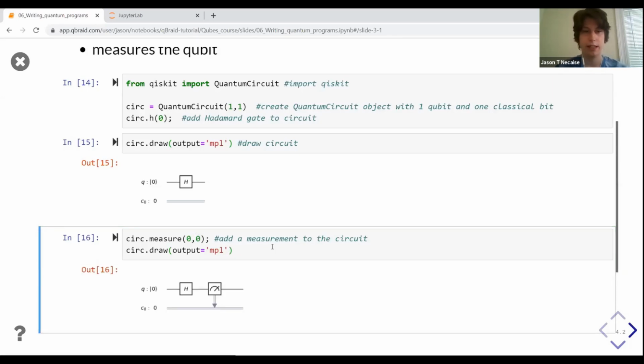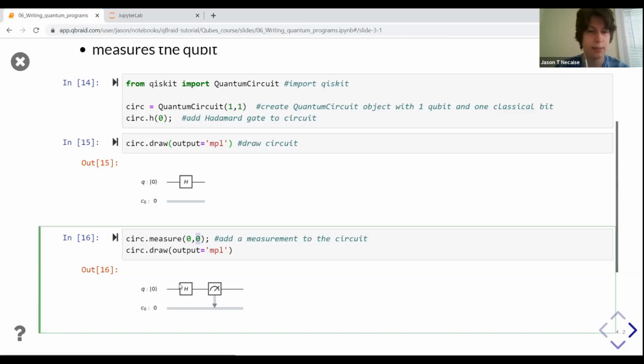So here we're saying perform the measurement on the 0th qubit and record that into the 0th classical bit. Everything is initialized in 0, and this means change the state of the classical bit to the outcome of the measurement.